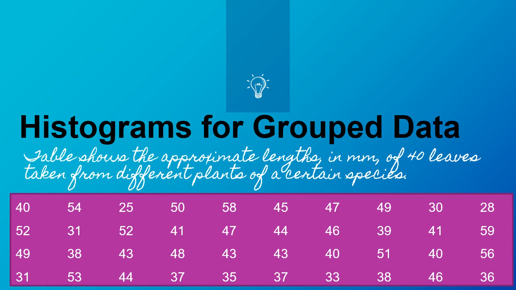So we have 40, 54, 25, 50, 58, 45, 47, 49, 30, 28, 52, 31, 52, 41, 47, 44, 46, 39, 41, 59, 49, 38, 43, 48, 43, 43, 41, 51, 40, 56, 31, 53, 44, 37, 35, 37, 33, 38, 46, and 36.